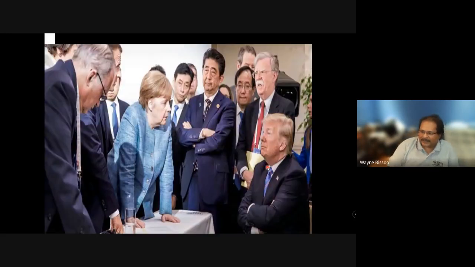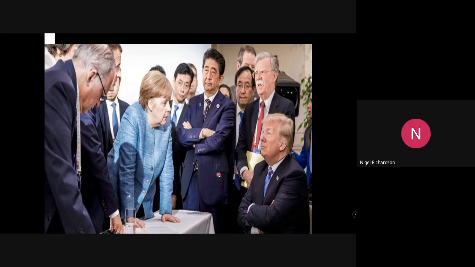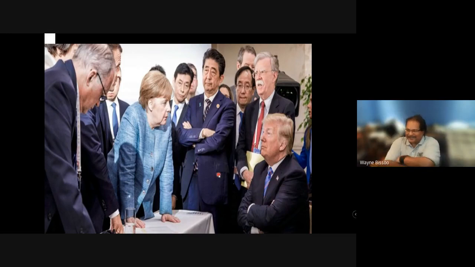And I saw this image from during the era. Do you remember when the last president, Trump, withdrew from the Paris agreements, and they were trying to convince him to stay in that agreement? Yes.